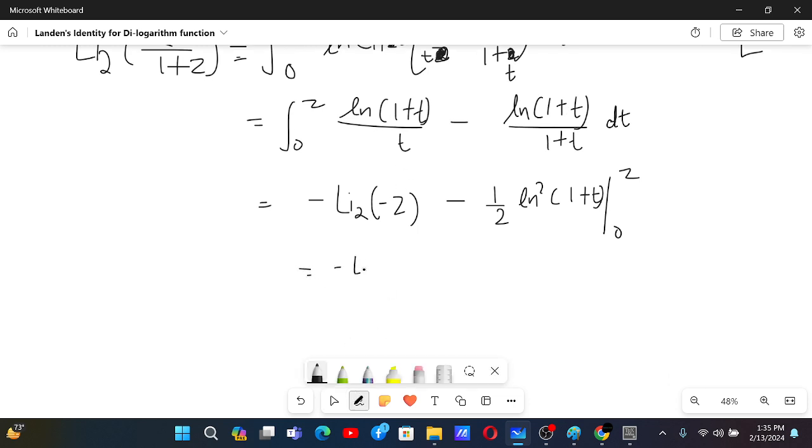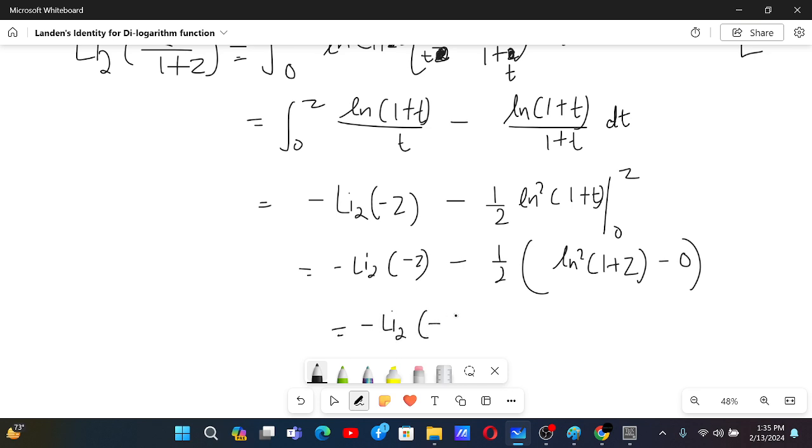So we have minus Li2 of minus z, and for the second term at z it is ln square of 1 plus z, and at 0 it is ln of 1 squared, which is also 0. So we have minus Li2 of minus z minus 1 by 2 ln square of 1 plus z. You see, like I told you, we are getting this expression, and now this is just Li2 of z by 1 plus z.